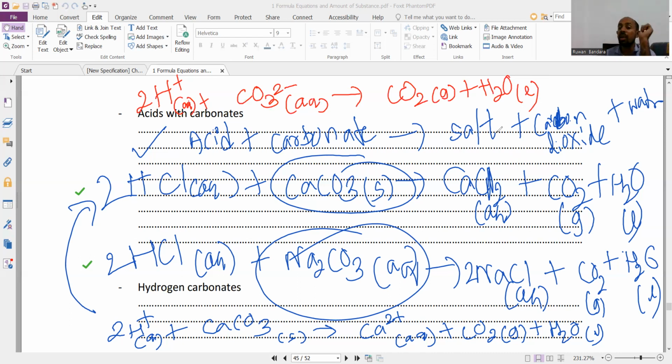So if the carbonate is aqueous, you will not be getting any metal ion. But if it is a solid, then only the metal ion, or you can say the salt, is removed.